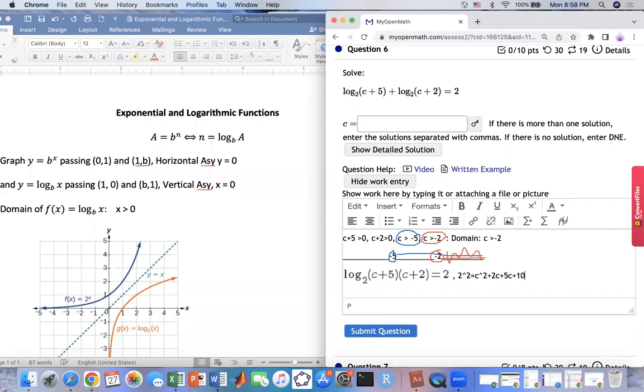Let me put it in a normal way so that you can see.